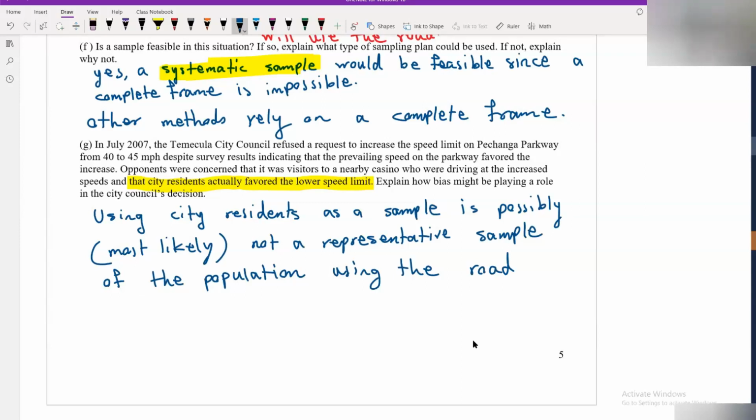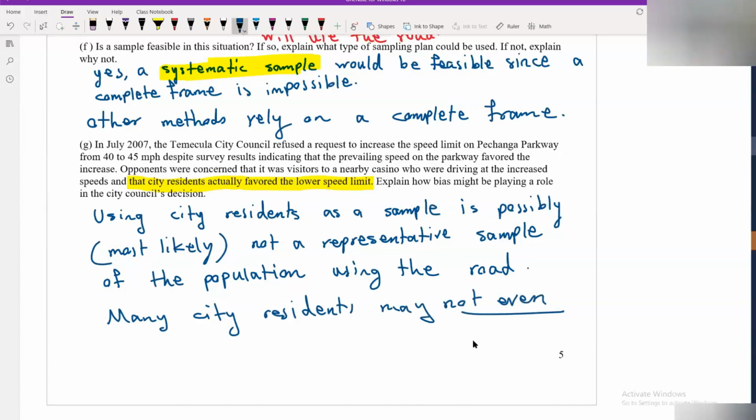There may be some individuals in that sample that are not even driving on that road. That is another reason. They may not even use that road. That's why we're going to have sampling bias.